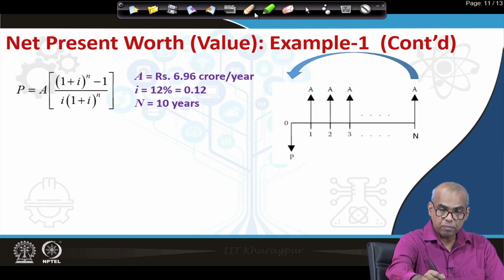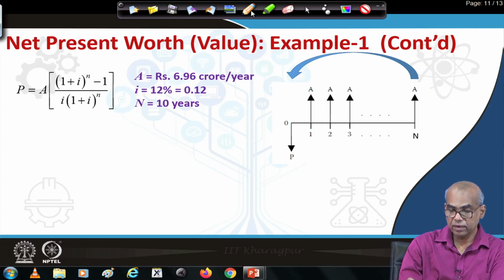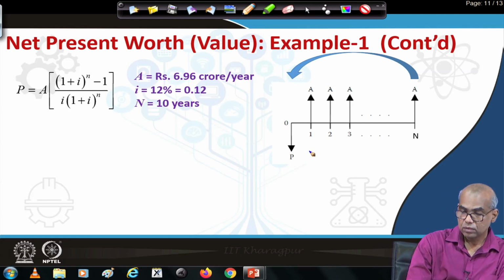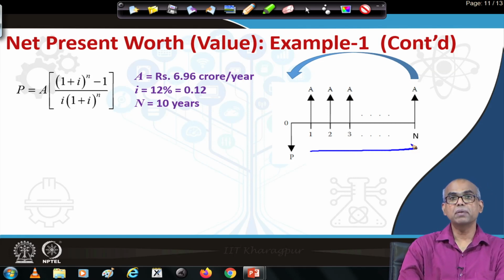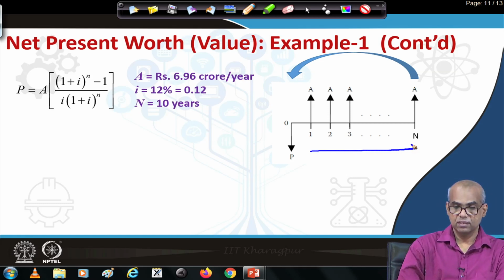So, now you have a situation where the cash flow diagram can be schematically represented like this. You have an equal payment series for n equal to 10 years and equal payments A of 6.96 crore every year. Interest rate is 12%, that is 0.12.